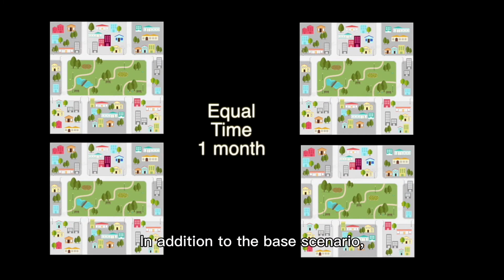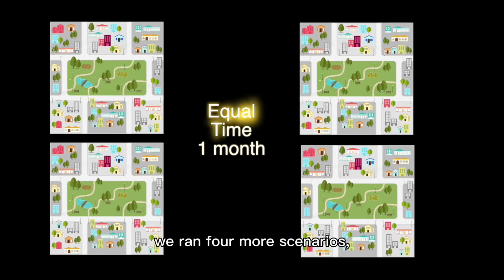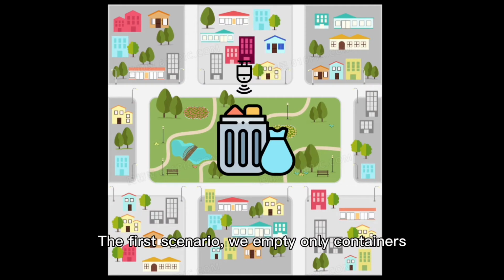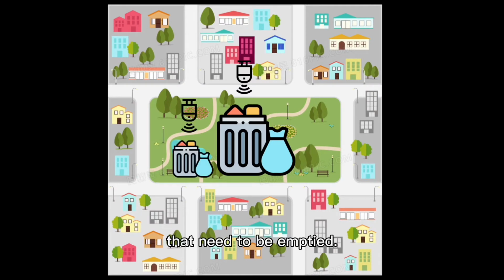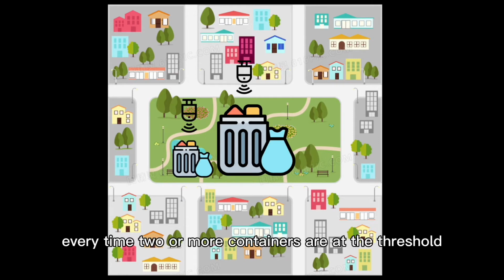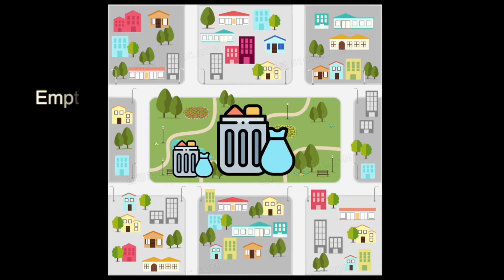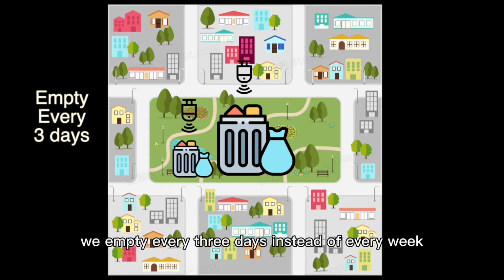In addition to the base scenario, we've run 4 more scenarios. Each scenario is run for a time equal to 1 month. The first scenario, we empty only containers that need to be emptied. That means every time 2 or more containers are at the threshold, we empty those containers. Second scenario, we empty every 3 days instead of every week.